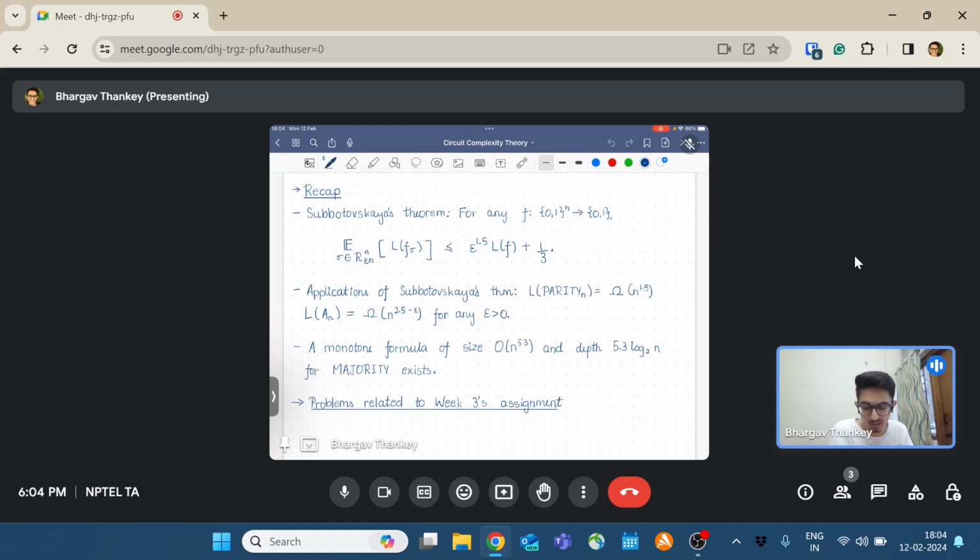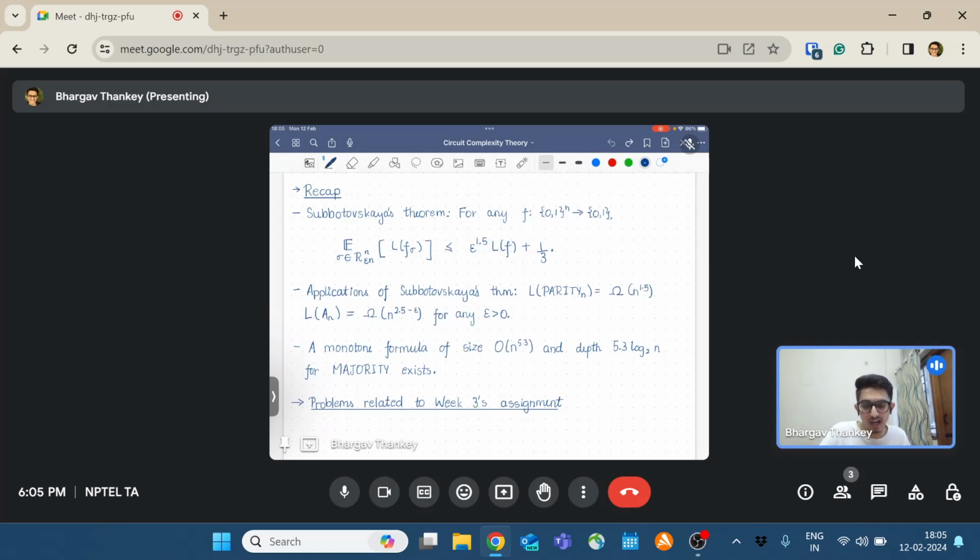But then we also saw another bound, for Andreev's function. We saw a lower bound of omega of n to the 2.5 minus epsilon for any epsilon greater than 0. In fact, the lower bound was n to the 2.5 over some powers of log. This is much better than the lower bounds from Kharchenko's and Nechiporov's theorems, which were quadratic.